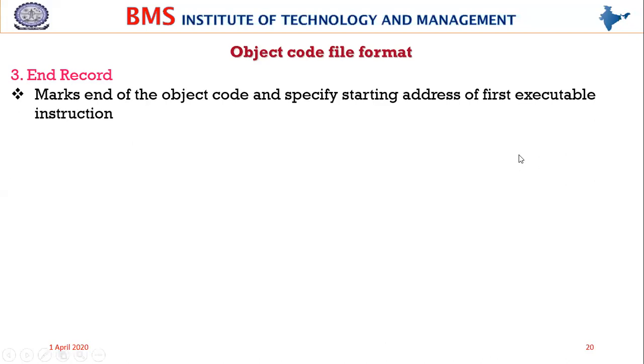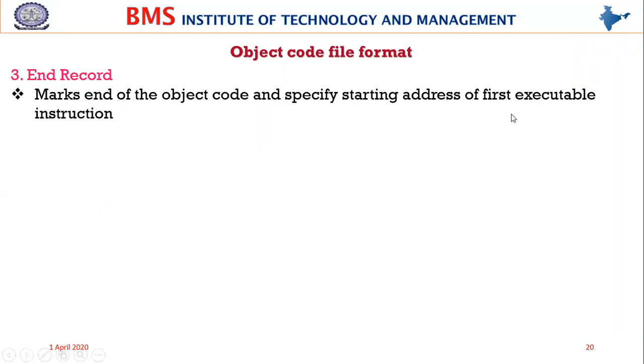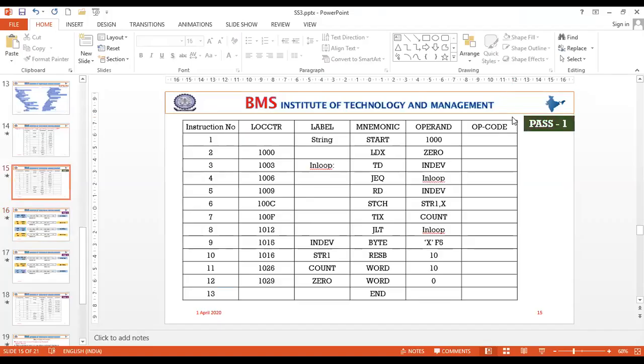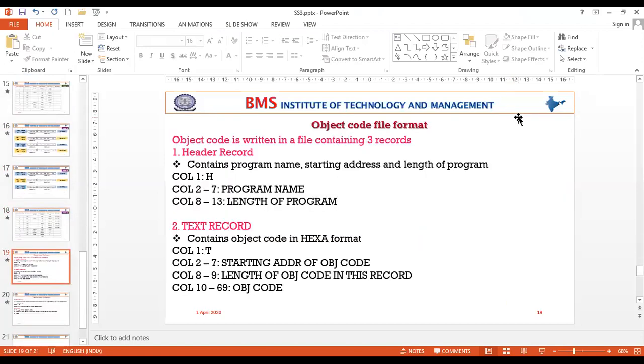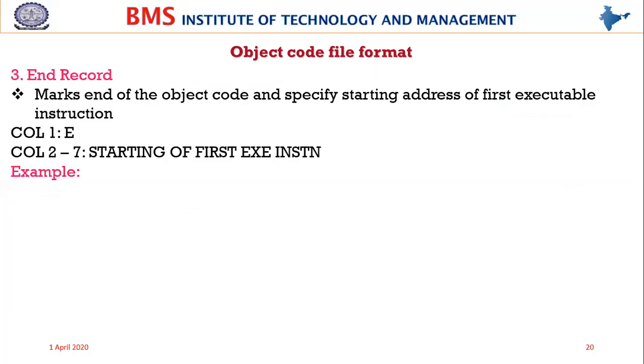You can go back and have a look at this. We have here 1, 2, 3, 4, 5, 6, 7. It's actually 7 object codes we have, written separated by commas, and we are not suffixing them with an H, not suffixing with hex.